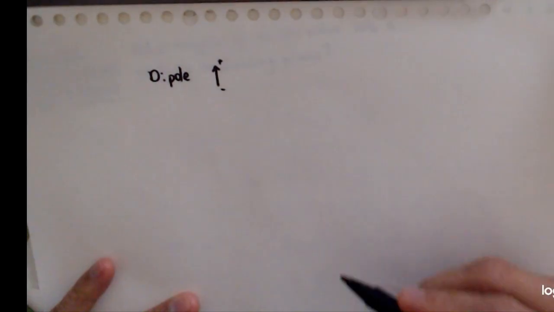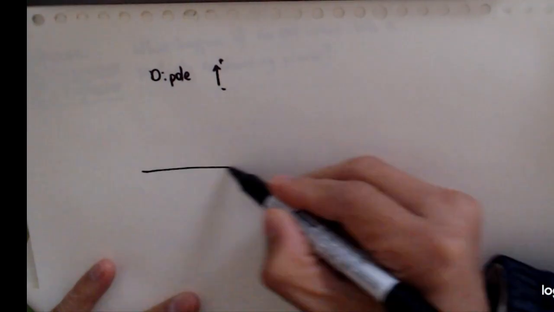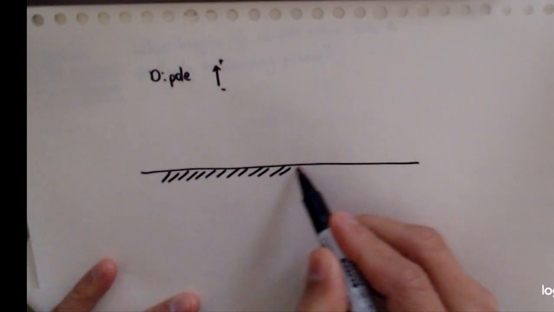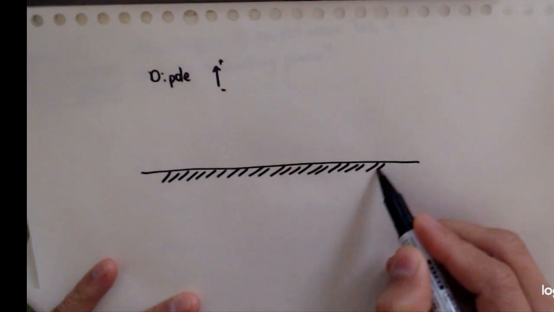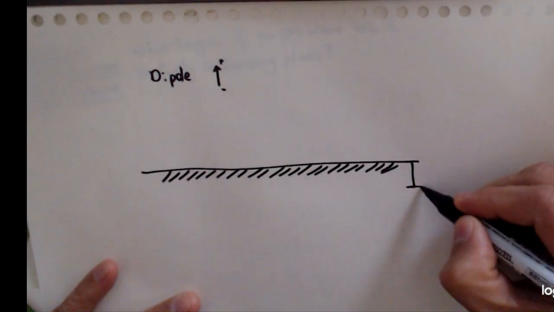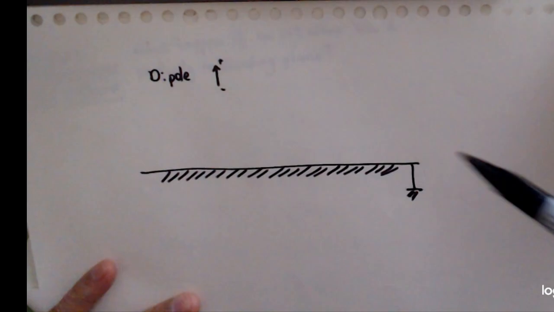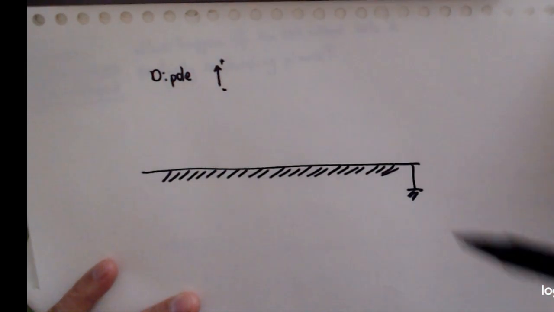And you have a reflecting plane, a perfectly conducting ground plane, so I make sure it is grounded, because if it has voltage, the situation could be different.